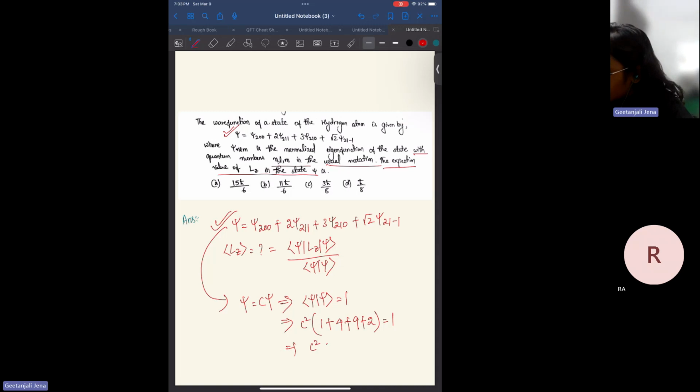It will be 16. So c will be 1 by root over of 16. This is the normalization constant.